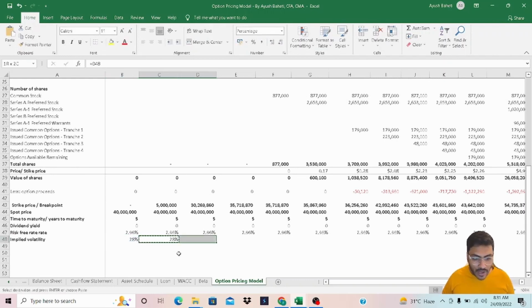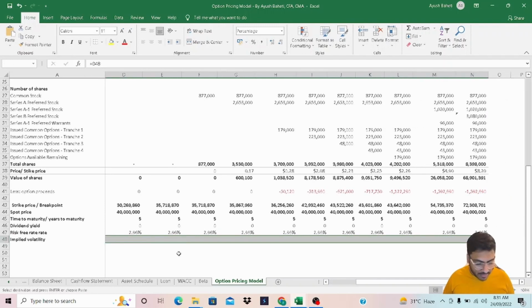There's a proper way to calculate this implied volatility, but I am not covering it in this video and may cover it in the next video. One thing you may need to know is that since we are assuming that this is a startup company, to arrive at a value per share of common equity, we may need to apply a discount known as discount for lack of marketability.